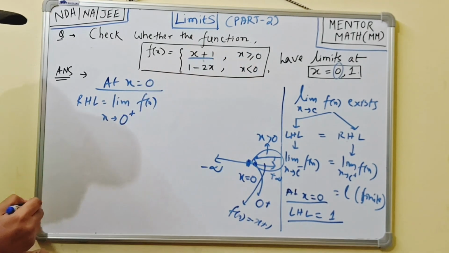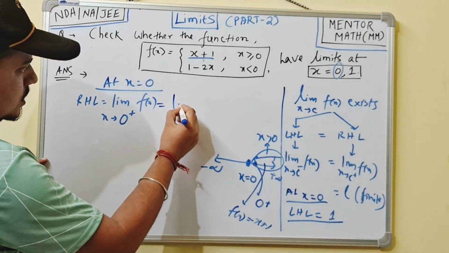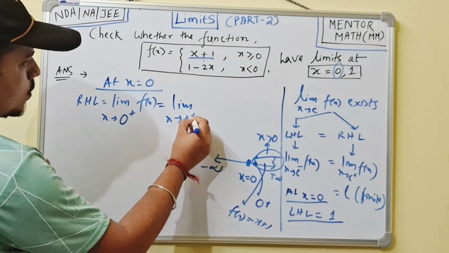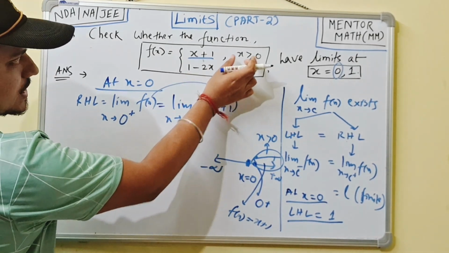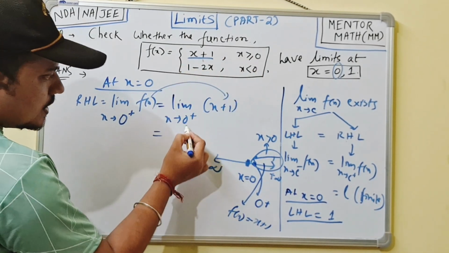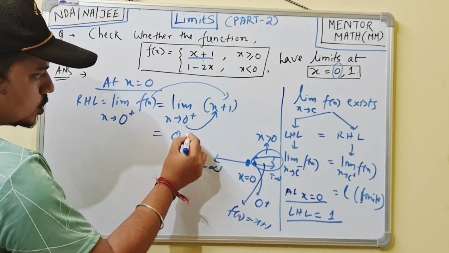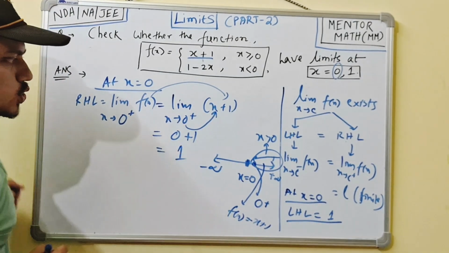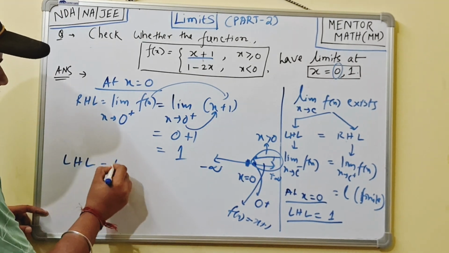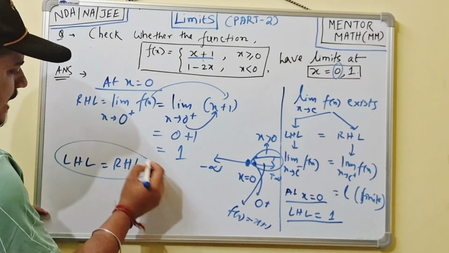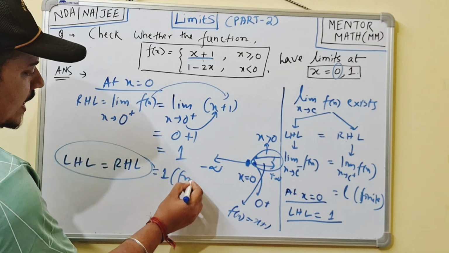Look at this definition. So limit x tends to 0 plus of x plus 1; substituting 0, 0 plus 1 is 1. So the left hand limit is equal to the right hand limit, and that value is 1, a finite value.